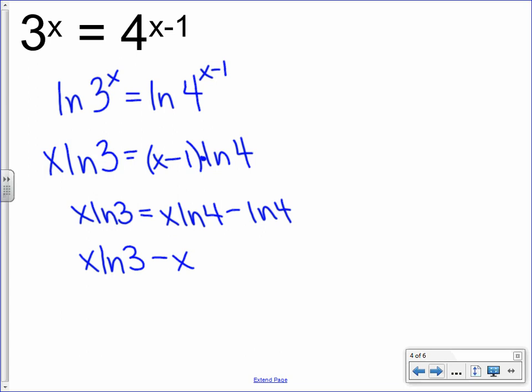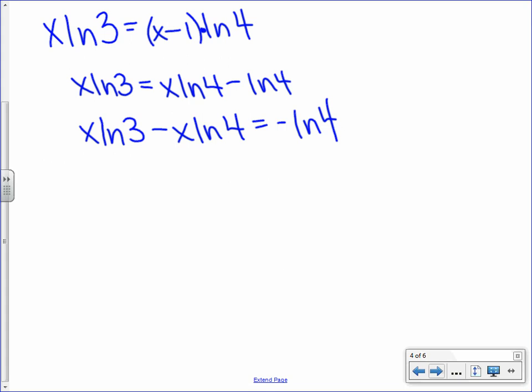So I'm going to subtract this over. So what can we do with that left side? What do both of those have in common? An x. We're trying to solve for x, correct?